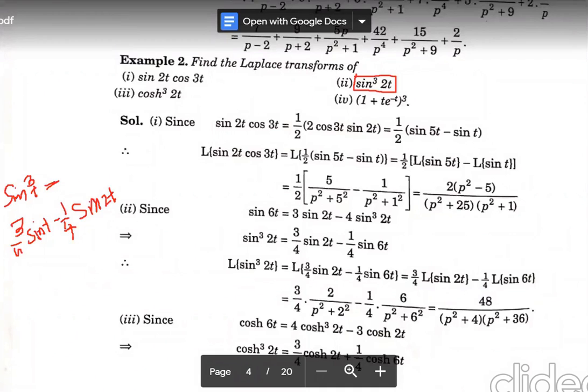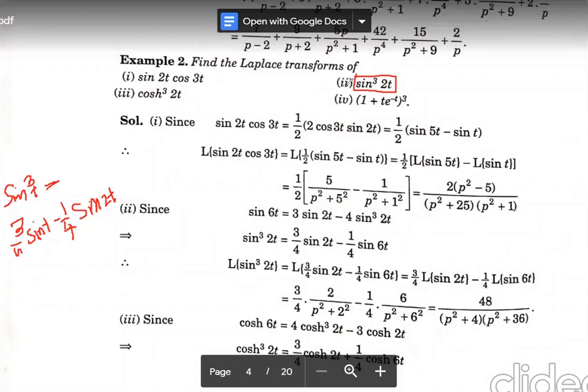If you remember. So why do we need to use it here? Because here you need to find the Laplace transform of sine cube, but we do not have a formula for that. We have formula only for sine t or cos t. We do not have a Laplace transform formula for trigonometric powers.